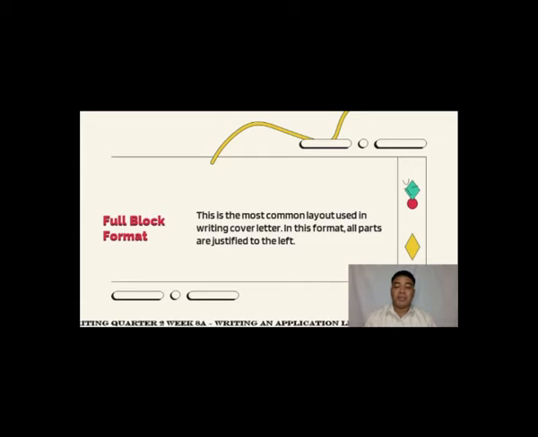The first format is the full block format. This is the most common layout used in writing your employment letter for application or your cover letter. In this format, all parts are justified to the left.